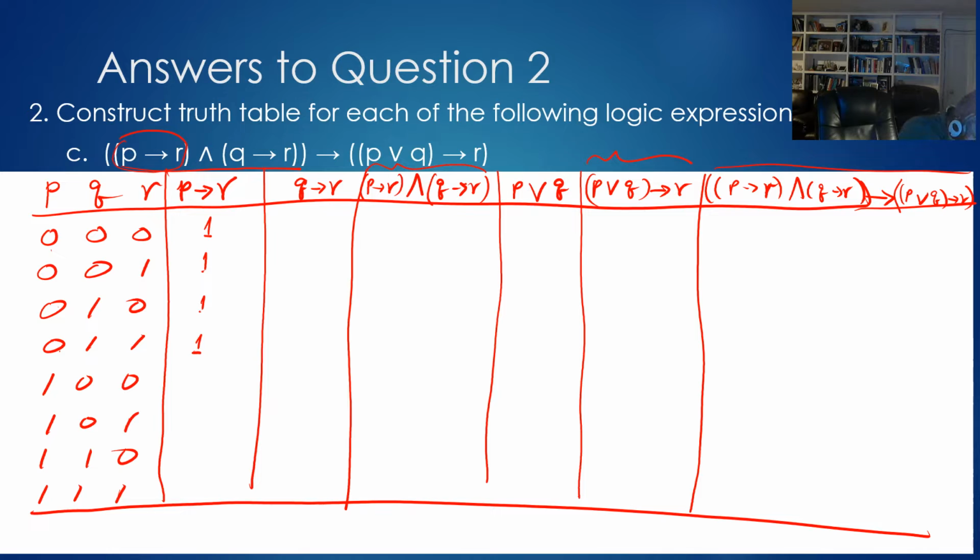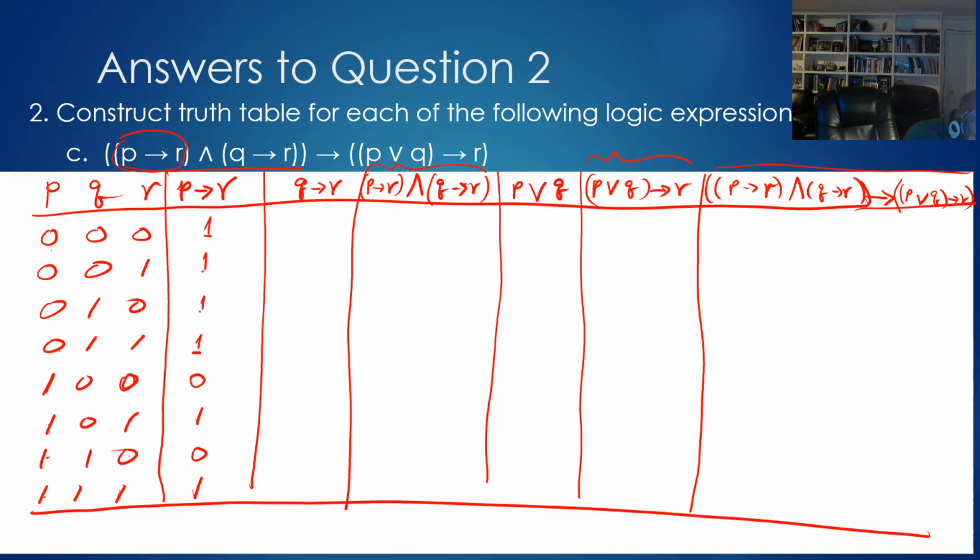The only chance of getting a 0 is when P is 1 and R is 0. So here, P is 1, R is 0, this gives you 0. P is 1, R is 1, that's 1. P is 1, R is 0, that gives you 0. P is 1, R is 1, that gives you 1.